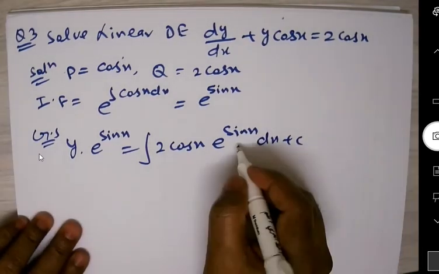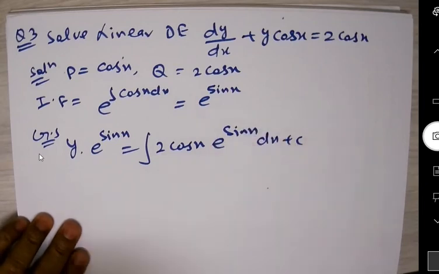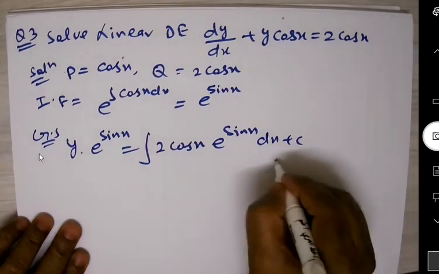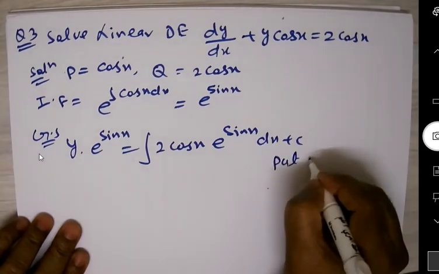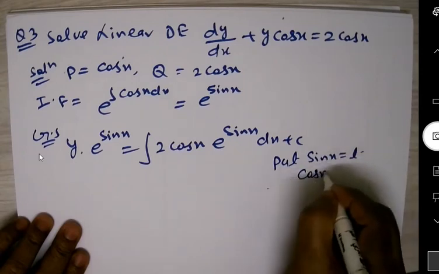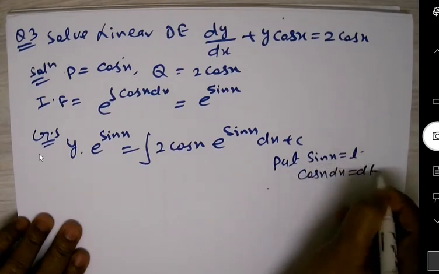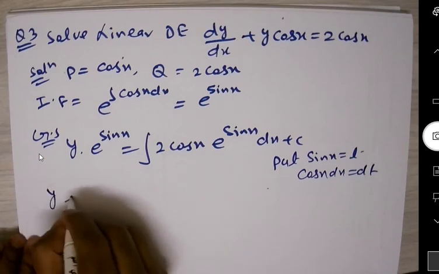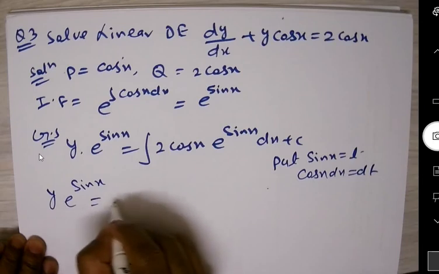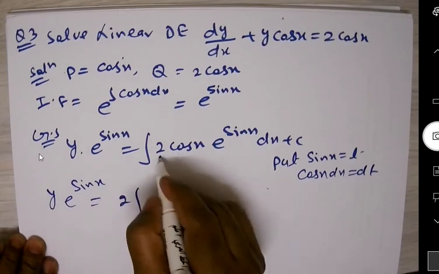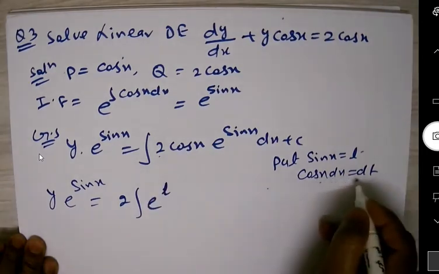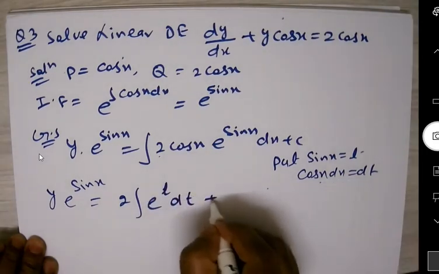Now what is that one? If you know, you can write the answer directly, but if you do not know, then use the substitution method. That means put sin x equal to t, then the derivative of sin x is cosine x dx equal to dt. So put it like that: y e power sin x equals integral of 2 times e power sin x, that is t, and cosine x dx means dt, plus c.